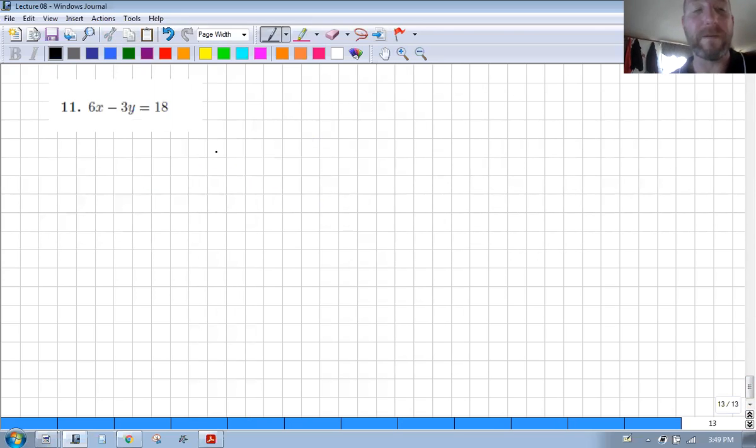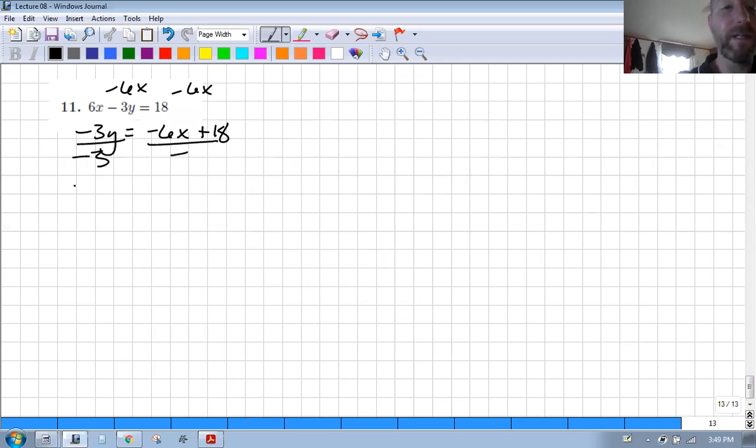All right. To put this in y equals mx plus b or slope intercept form, let's get 6x away from each side. So we got a -3y equals -6x plus 18. Now we can divide by -3, y equals 2x minus 6.